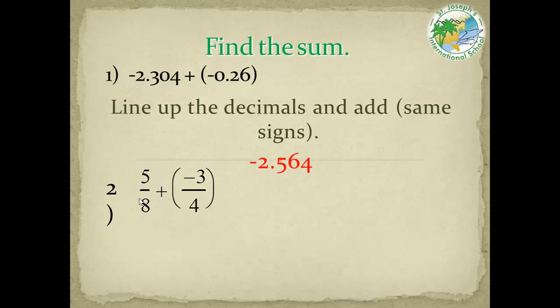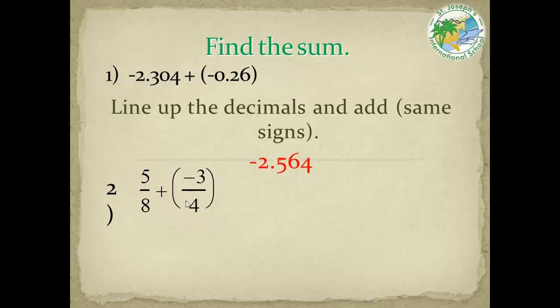Now we have two fractions and we want to find the sum between two rational numbers, but these rational numbers are fractions. How can we add between different denominators of fractions? We studied before we can't add two fractions if the denominators are different, so they should have equivalent denominators.